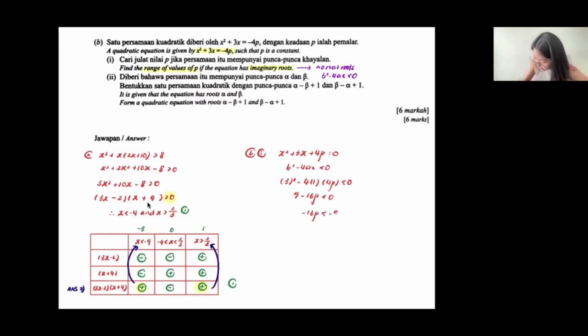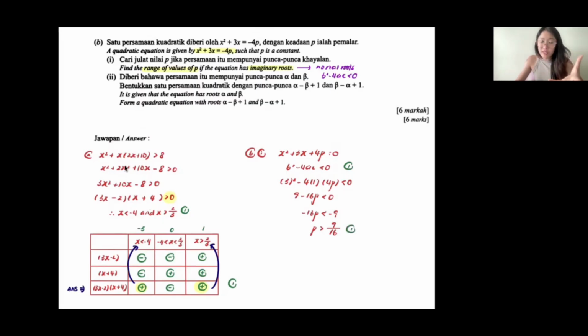Be careful: you are moving a negative value over to divide, correct or not? You have to flip over the inequality. So it becomes positive 9 over 16. Becoming positive is because negative divided by negative. So 1 mark for b squared minus 4ac lesser than 0, and then 1 mark for p's range.